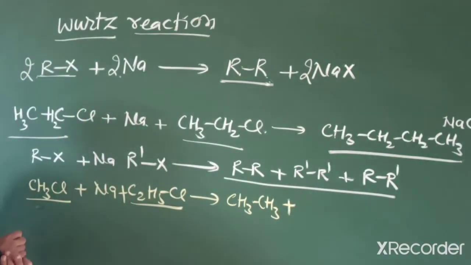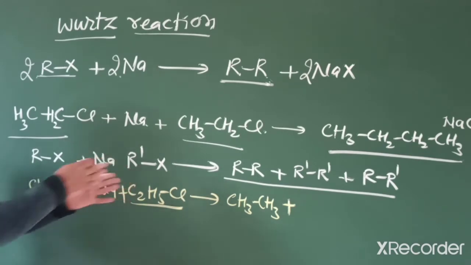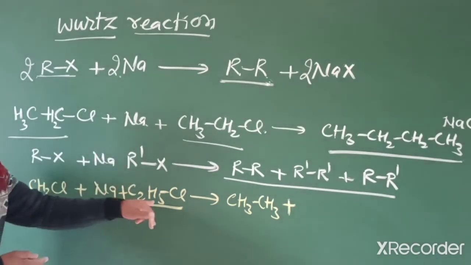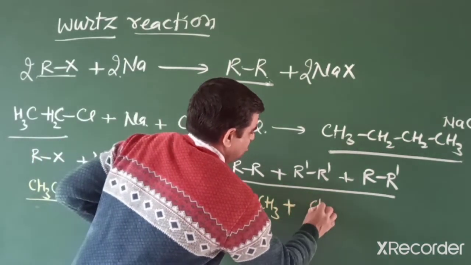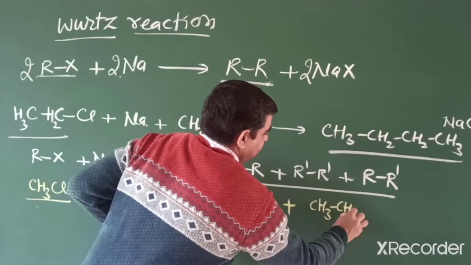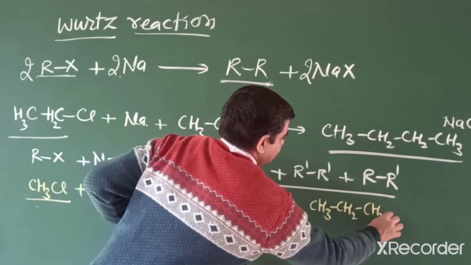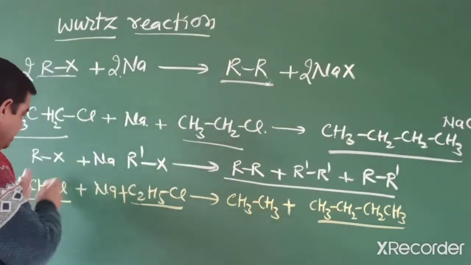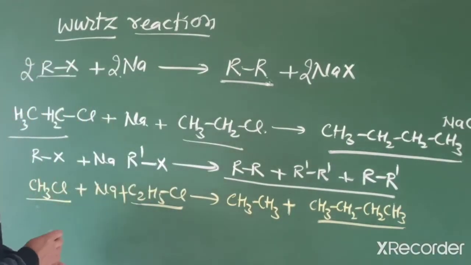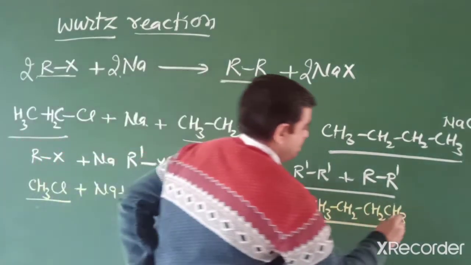Because this reaction occurs through free radicals, and the free radicals attack each other, they can react with the same molecule and the other molecule. When two C2H5, ethyl groups, combine, then we get butane. But if one ethyl and one methyl react, then we get propane.